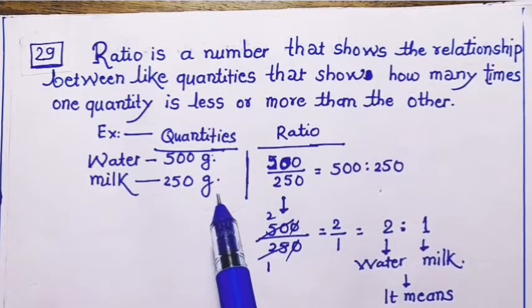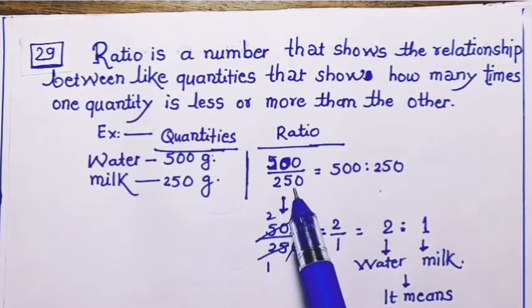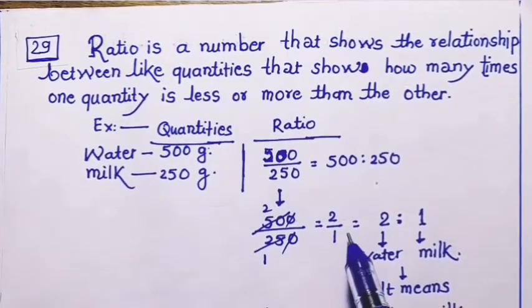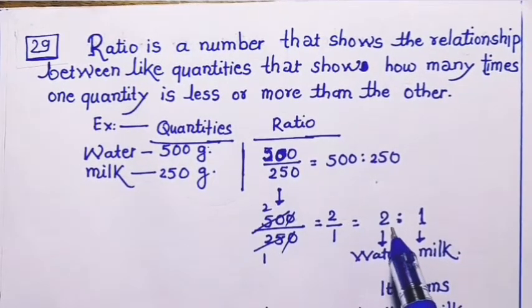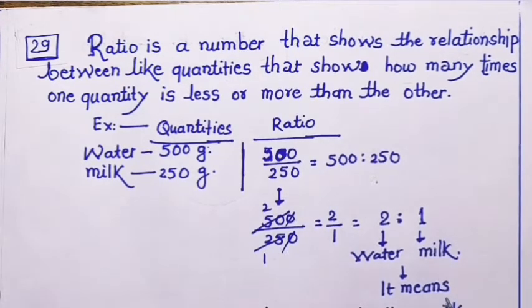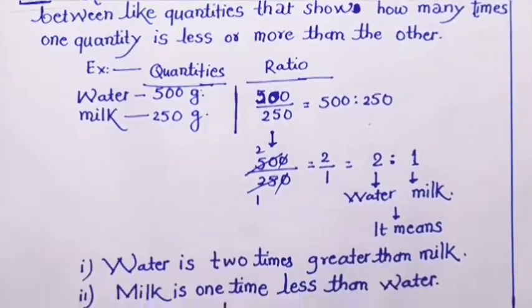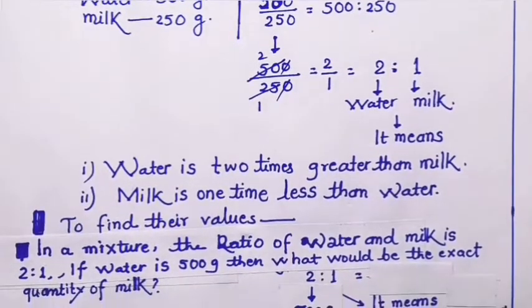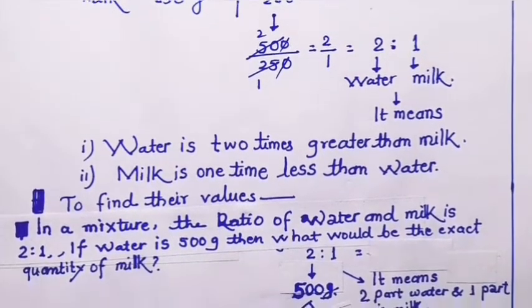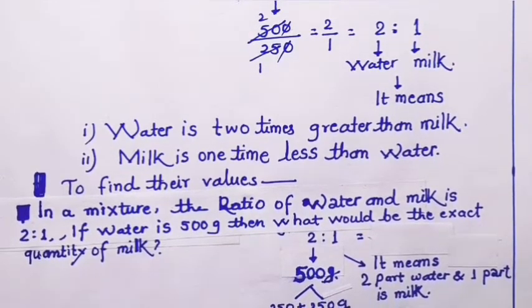Then in the ratio, when it is cancelled, it makes 2 by 1. So water 2 parts and milk 1 part. It means water is 2 times greater than milk and milk is 1 time less than water.